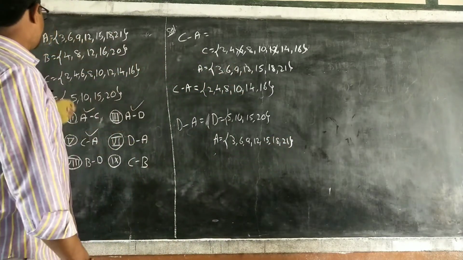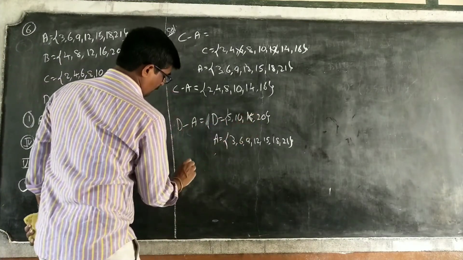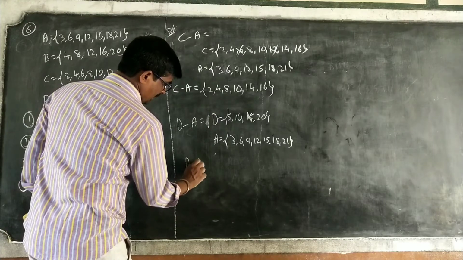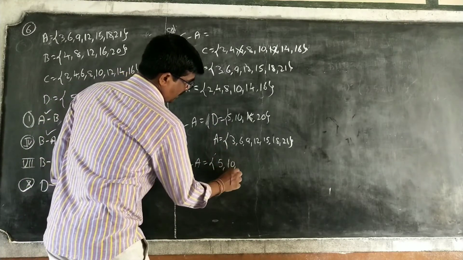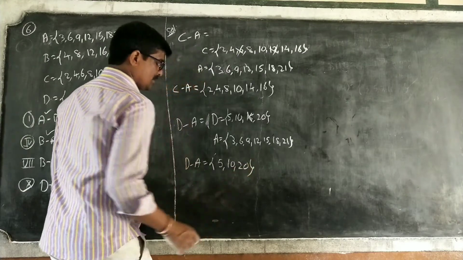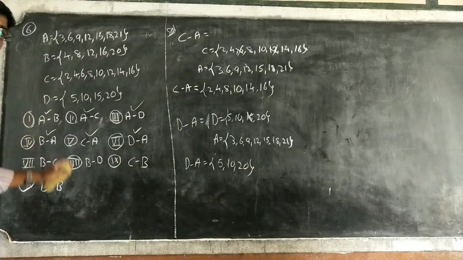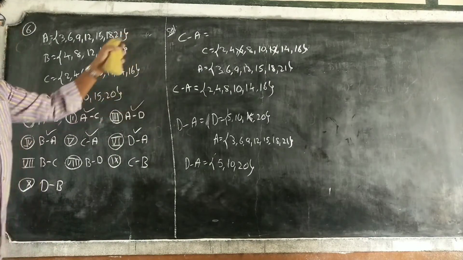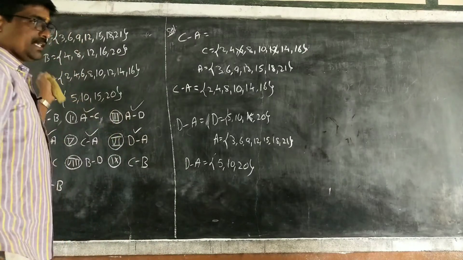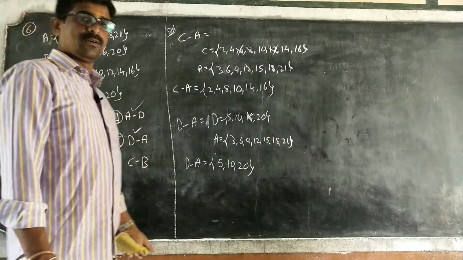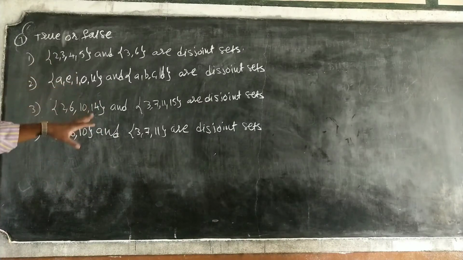So D minus A, in this common is only 15. Therefore, D minus A is equal to 5, 10 and 20. So, all problems are like this only; remaining ones you have to follow this method, removing the common elements. Okay, this is for the sixth problem. The remaining you will do.